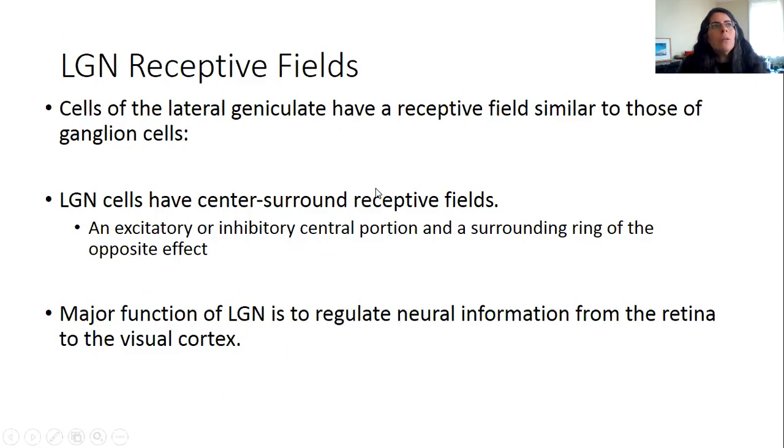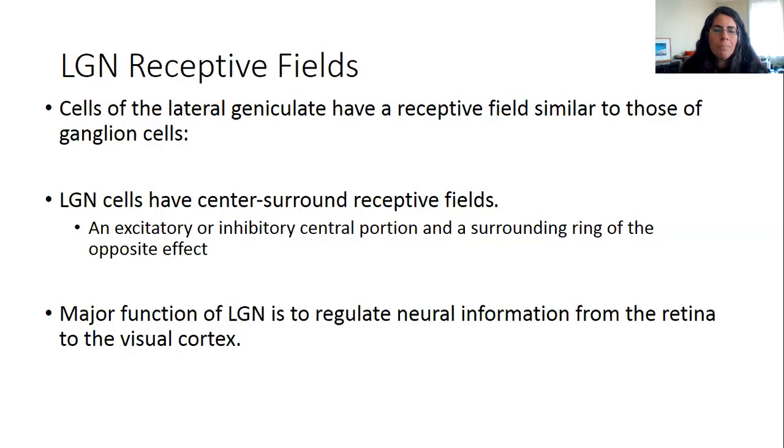Now, the ganglion cells that were fed by receptors and bipolar cells send information through the optic nerve to the thalamus, to the LGN of the thalamus. And the cells of the LGN have similar receptive fields to ganglion cells. They have what's called center surround receptive fields.